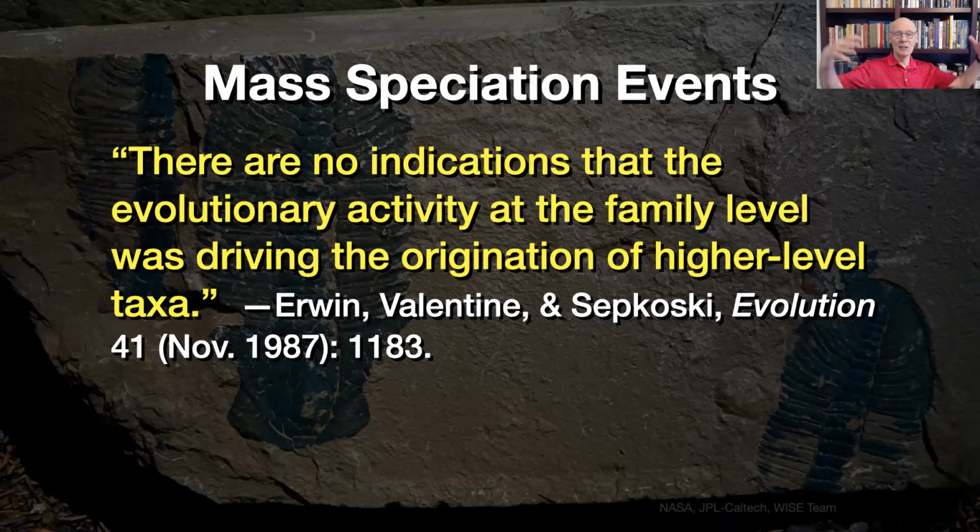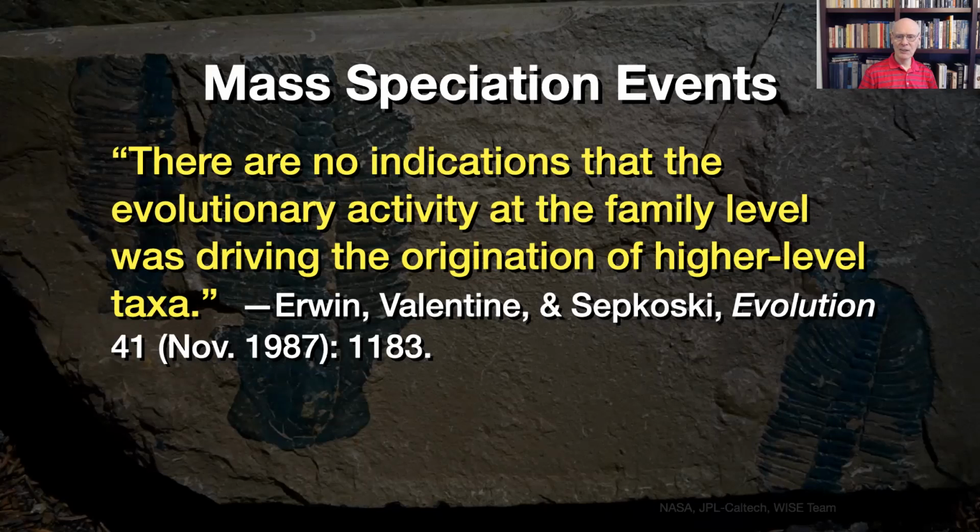There are periods where we see above 50% of all the species of life on planet Earth being driven to extinction, typically by a giant asteroid collision that ignites volcanic eruptions around the world and changes the chemistry of the planet. But after each of those mass extinction events, we see mass speciation events.